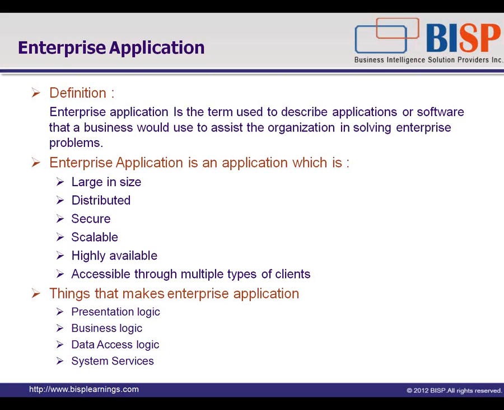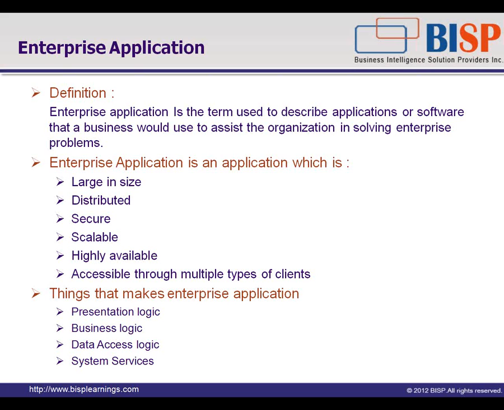So the first characteristic is enterprise applications are large in size. Here large in size means they are divided into different modules. Large in size does not mean that they are big in size. Another is distributed. Enterprise applications are distributed because the different parts of an application are divided into different computers.